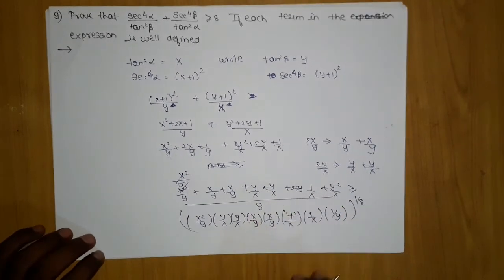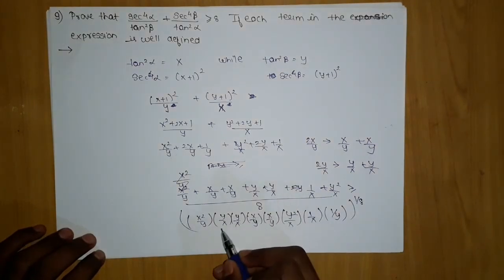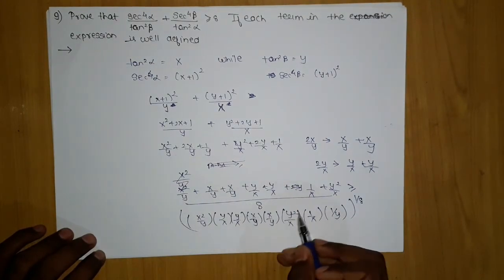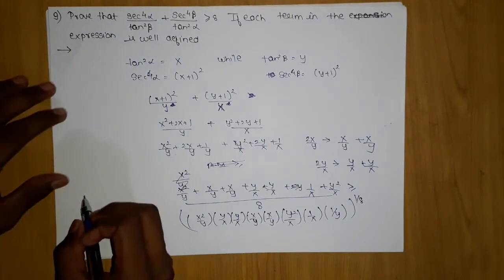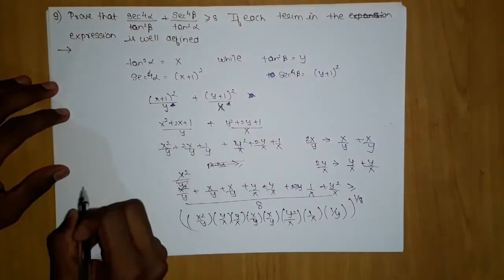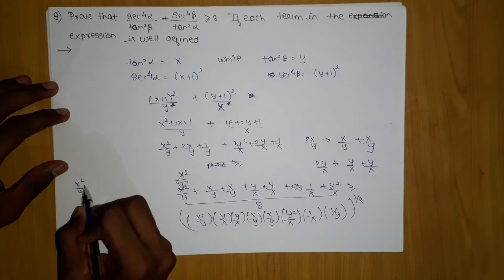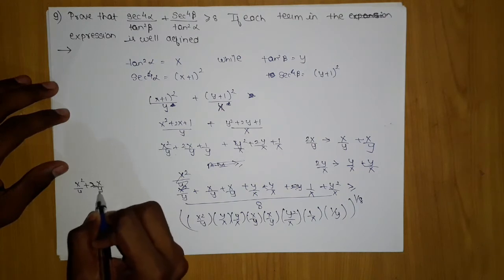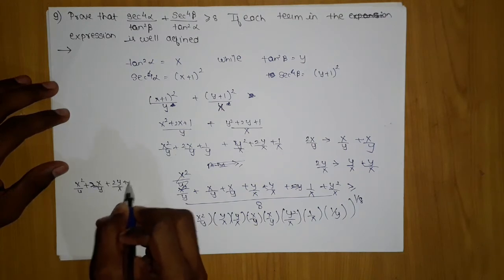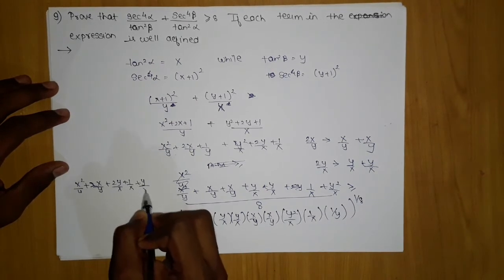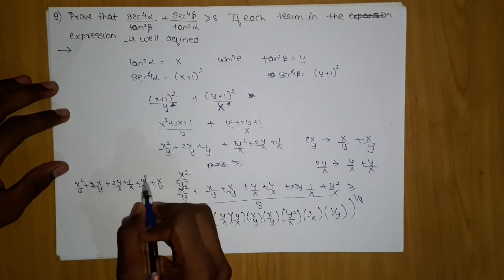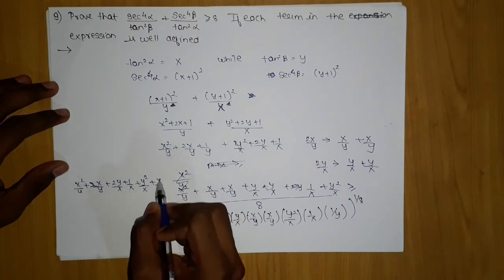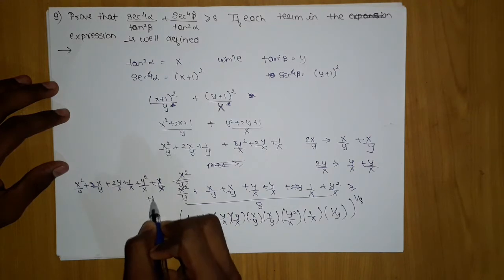Here if you see, these two will cancel out with these two, this will cancel out with this, and the y will cancel out. So all the terms will cancel out, and 1 will be left. So what we are left with is nothing but this: x square by y, 2x upon y, 2y upon x, 1 by x, y square by x, 1 by y.